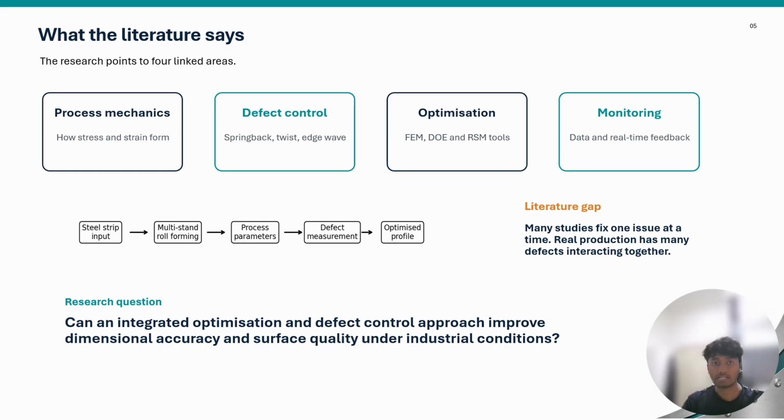The gap is that studies focus on one defect at a time, but in real production several defects can come together. So this leads to my research question: can an integrated optimization and defect control approach improve dimensional accuracy and surface quality under industrial conditions?